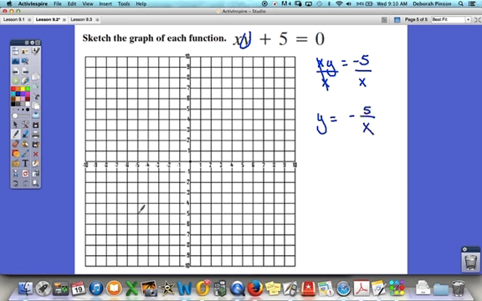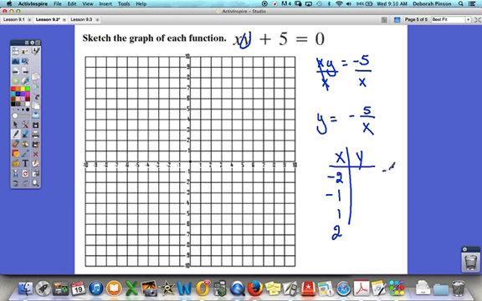All right, so that's what I have. Now I've got two choices here. I could go through and I could do 5 over x, and then the negative would mean I'm going to flip it over the x-axis. Or I could just go ahead and plug in negative 5 over x into my t-chart here. That's what I'm going to do.